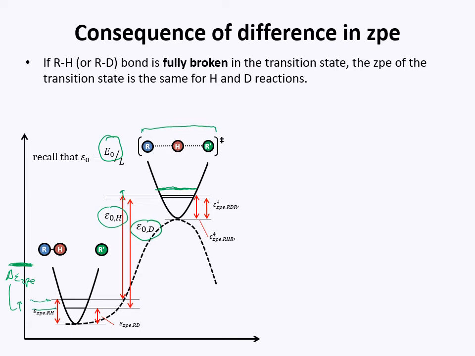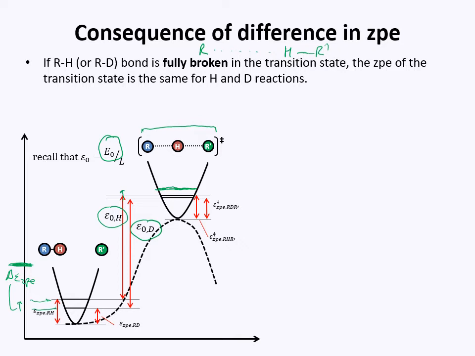Now, you can think about an extreme of that sort of bond length, where essentially what you've got is R, and then you've got H, pretty much R dash. These are much closer together, near to equilibrium bond distance for H to R dash, but the RH bond is fully broken.